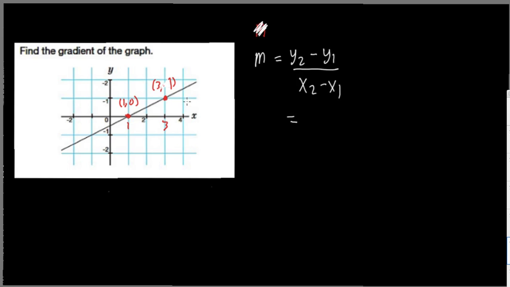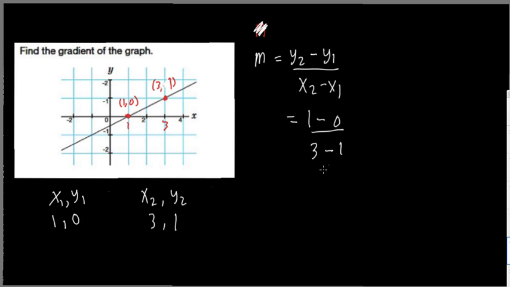Let's say (x1, y1) is (1, 0) and (x2, y2) is (3, 1). y2 is 1, y1 is 0, over x2 is 3, x1 is 1.